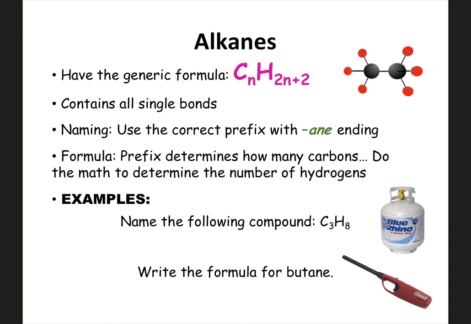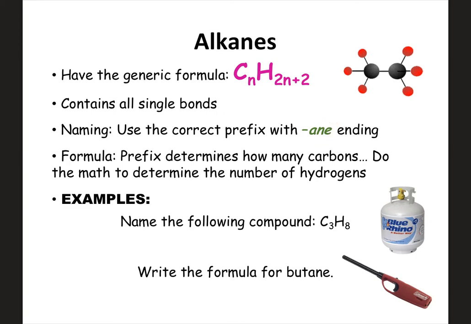To name these, you use the correct prefix. Remember from the previous slide, we pay attention to the number of carbons, which tells us which prefix to use. But because it's times 2 plus 2 for the hydrogens, it would end with ane. It's an alkane, so it ends in ane.